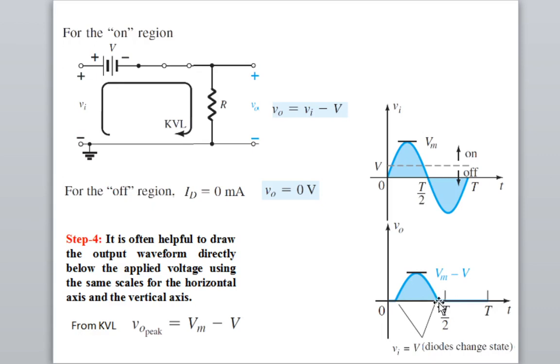That is the exact output waveform of a clipper circuit, and that is the difference between the clipper and the rectifier. A rectifier is a classification of a clipper. All rectifiers are clipper circuits, but not all clippers are rectifiers, because here this part is not visible in the output. So that is the clipper.